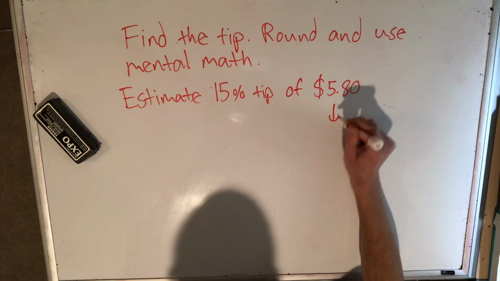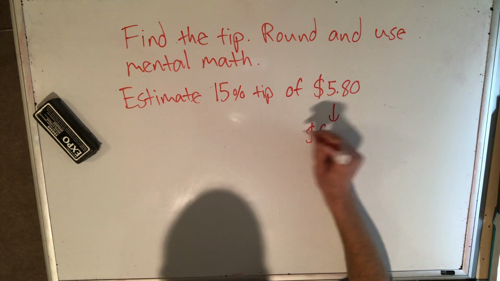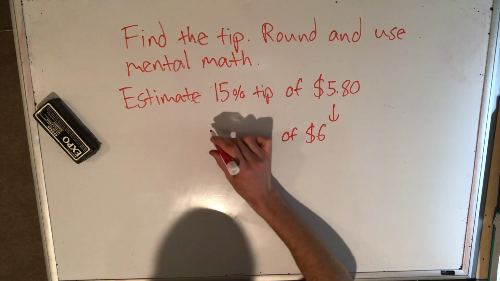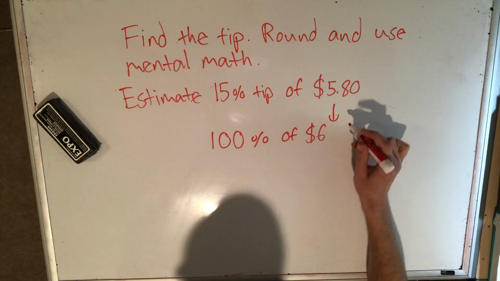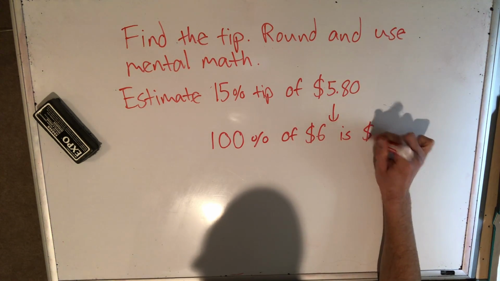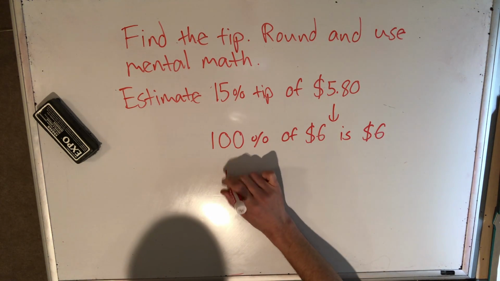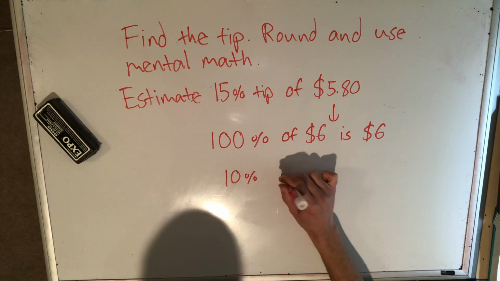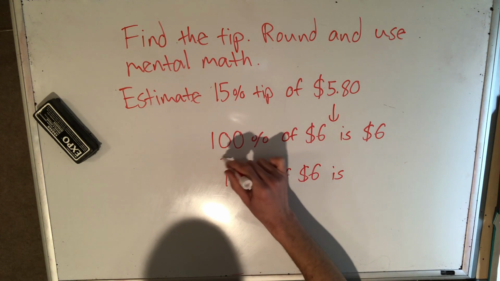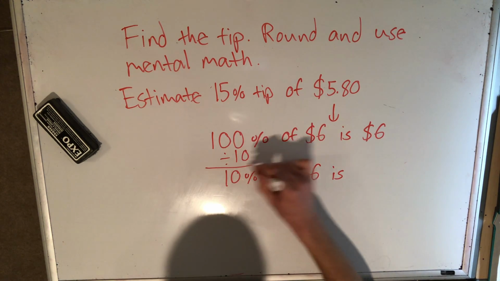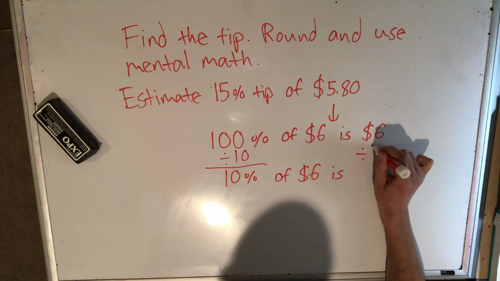$5.80 is approximately $6. 100% of $6 is $6. To find 10% of $6, you divide by 10, because 100% divided by 10 is 10%. So you have to divide by 10 on the other side as well.